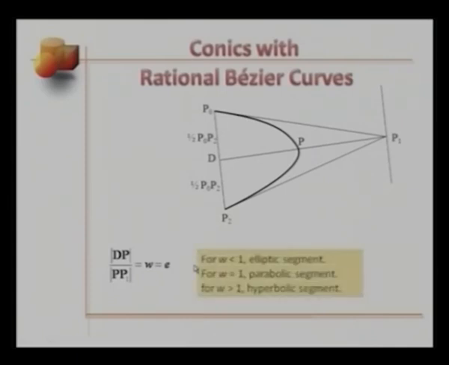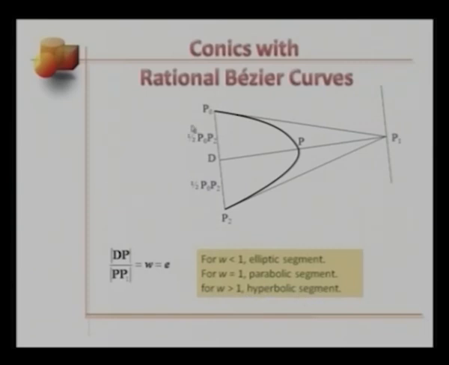Clearly, from the definitions that we have seen previously, for values of W or eccentricity smaller than 1, we get an elliptic segment. For W equals 1, we have a parabolic segment, and for values of W greater than 1, we get a hyperbolic segment.